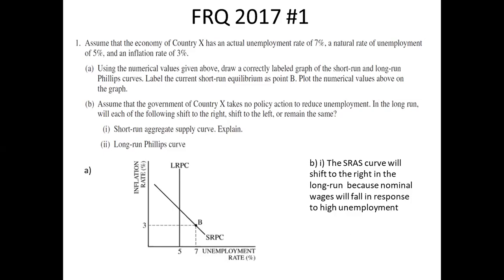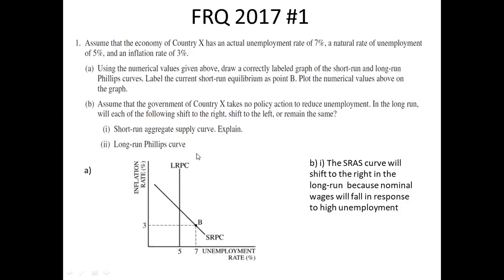If there's no policy action, meaning the government doesn't step in and start spending to try to increase aggregate demand and shift it to the right, how does the economy self-correct? Well, if the aggregate demand curve has shifted to the left, the aggregate supply curve shifts to the right and we go back to equilibrium. And then it says explain why wages fall: because there's high unemployment, so you're paying less people.